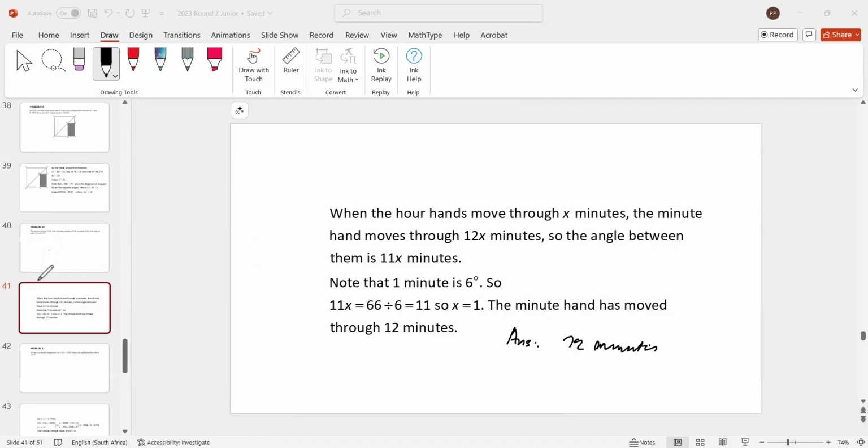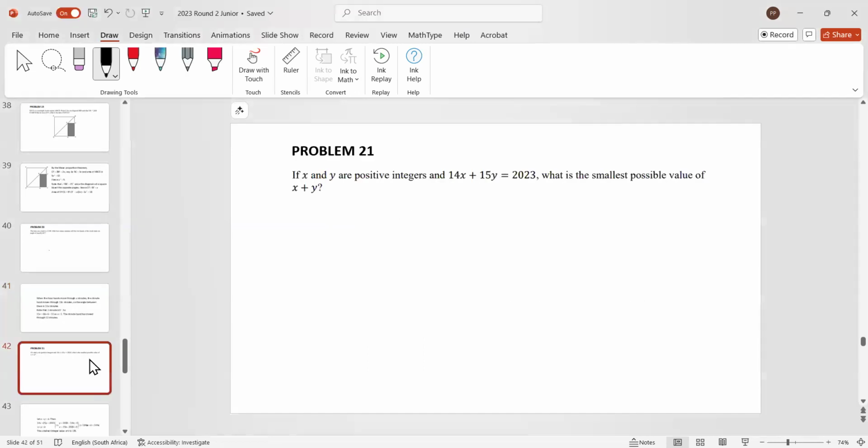Okay, let's go on to the next problem. The next problem is problem number 21. If x and y are positive integers, what is the smallest possible value of x plus y?